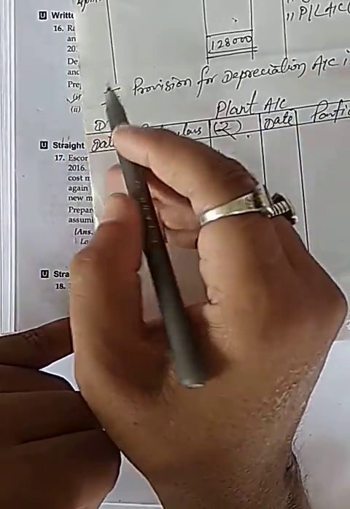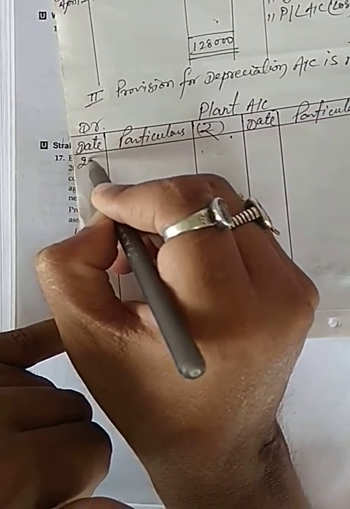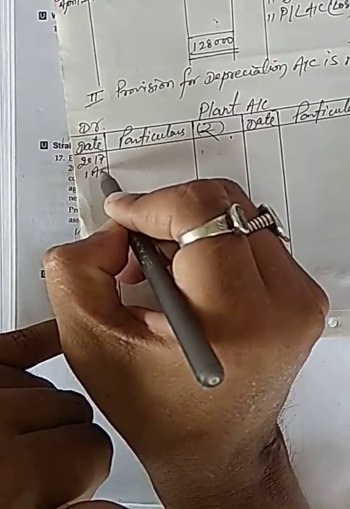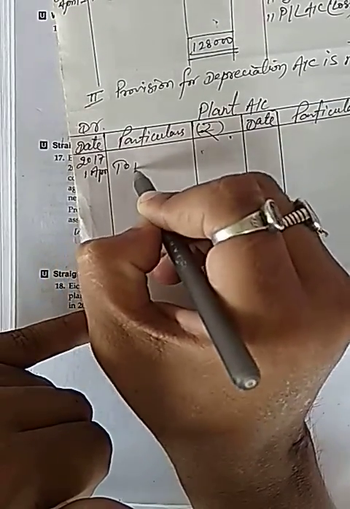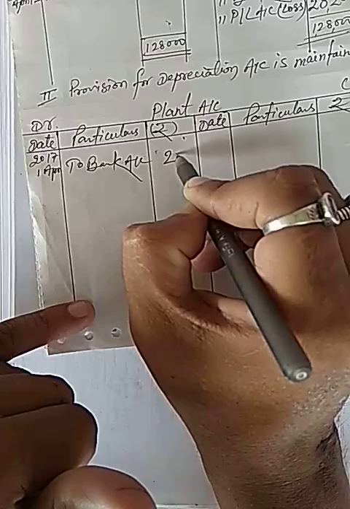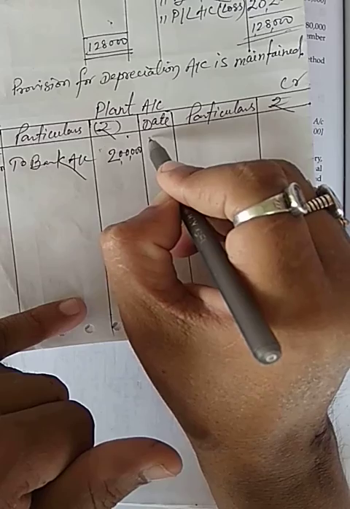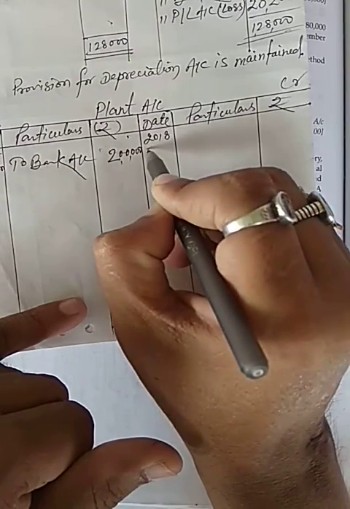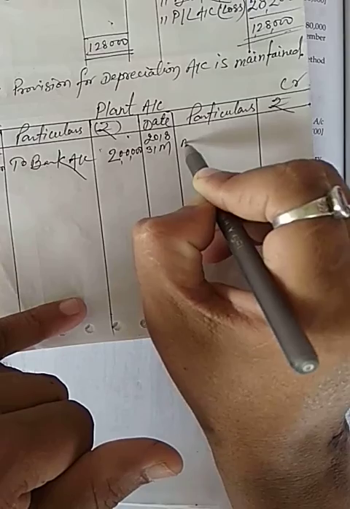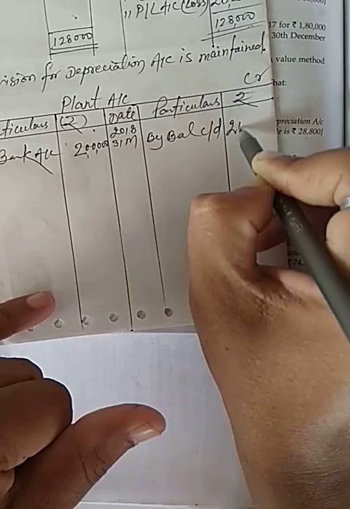So in this part, when provision for depreciation account is maintained, I will write 2017 1st April to bank account 2 lakh, and on 2018 31st March it will be by balance CD 2 lakh.